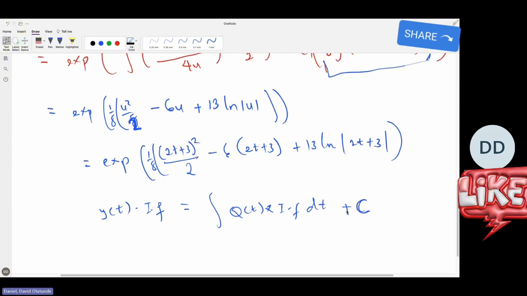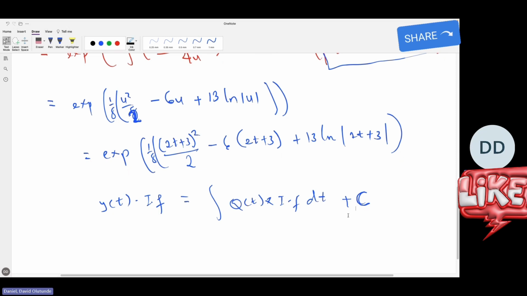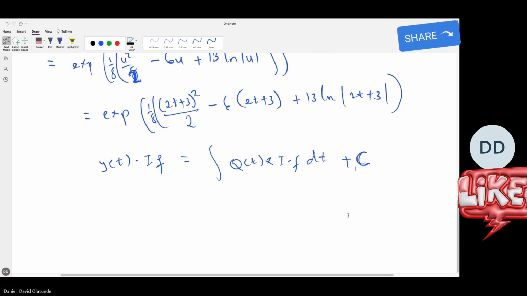So my final solution will be: y of t multiplied by the integrating factor equals c.